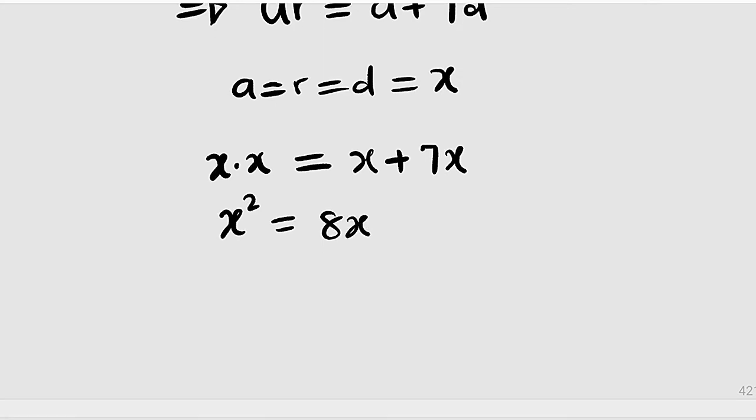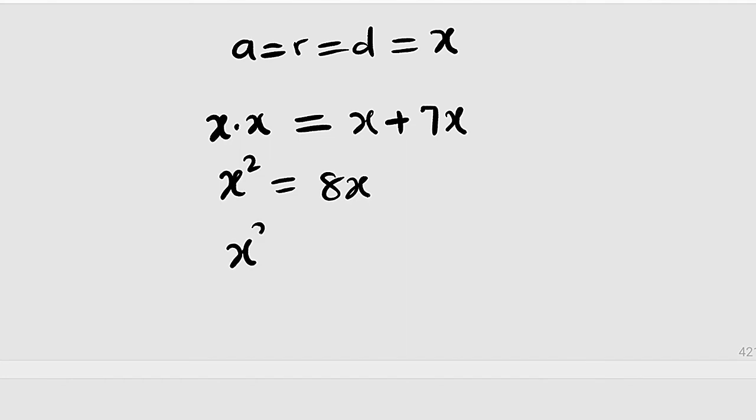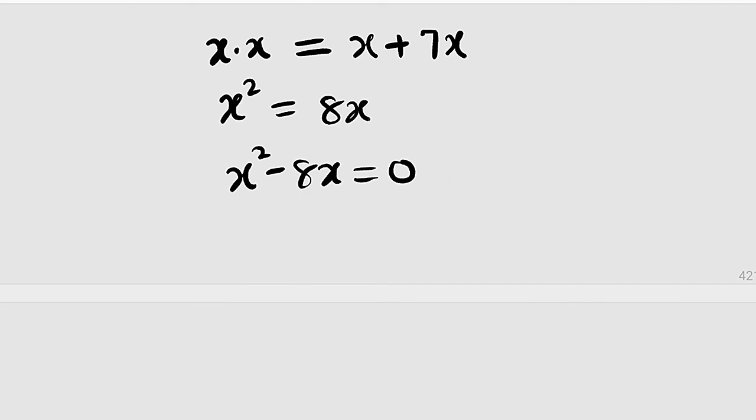Let us bring 8X to the left-hand side. We have X squared minus 8X, the whole of this equal to 0. The left-hand side can be factorized because we have X in common. We bring X out. Inside we have X minus 8, the whole of this equal to 0.